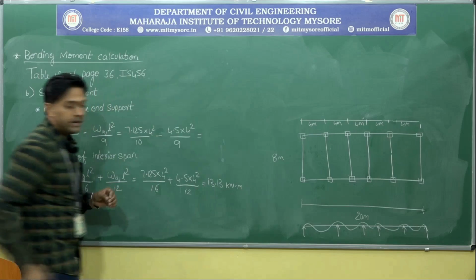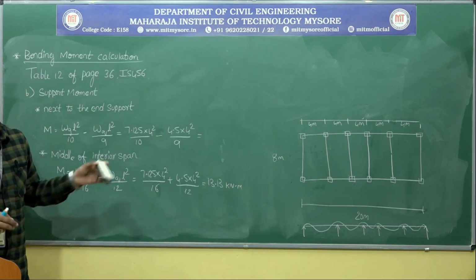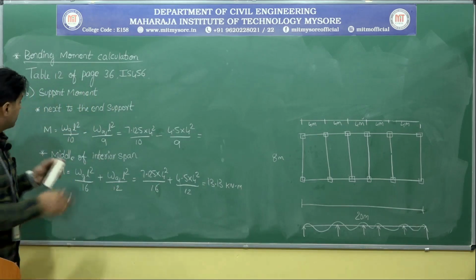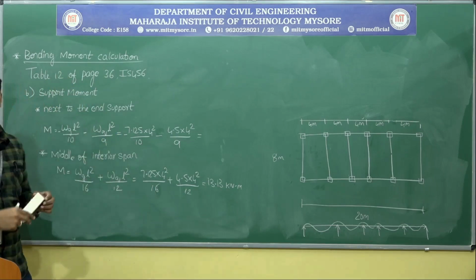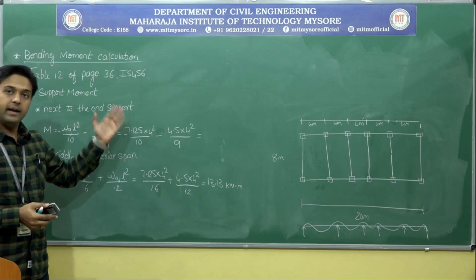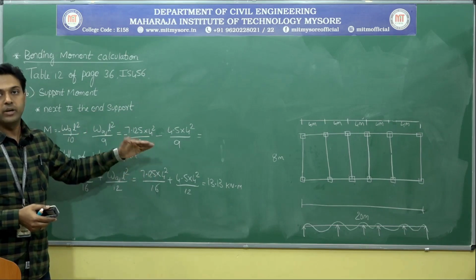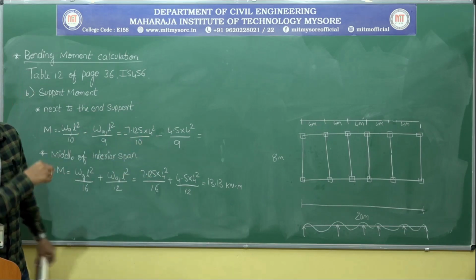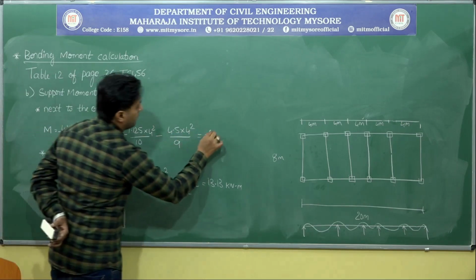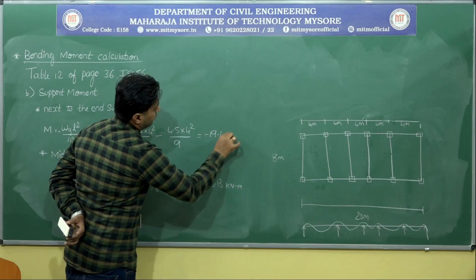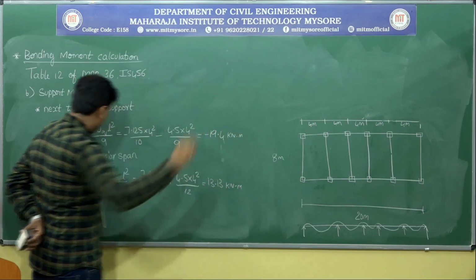So what is the value that we get after substituting? It's minus 19.4 kilonewton meter.